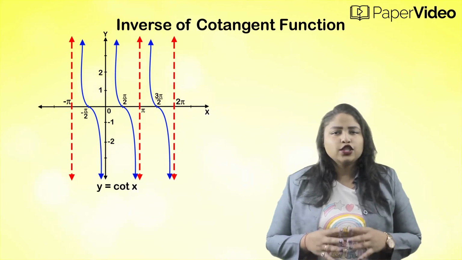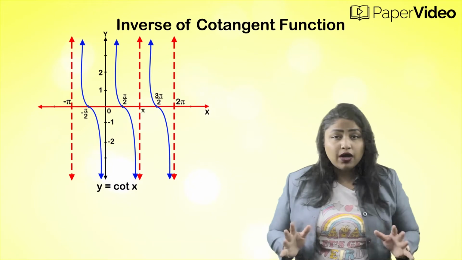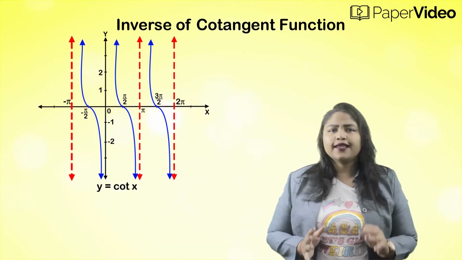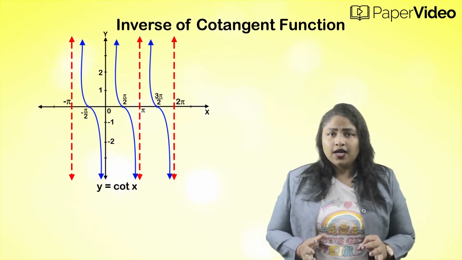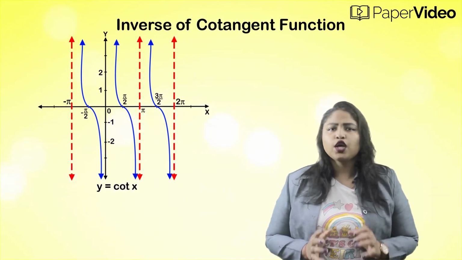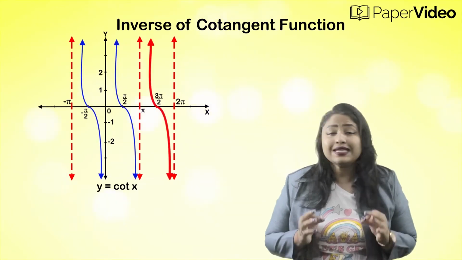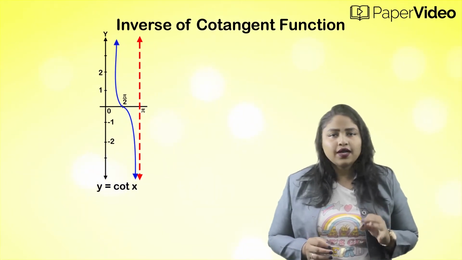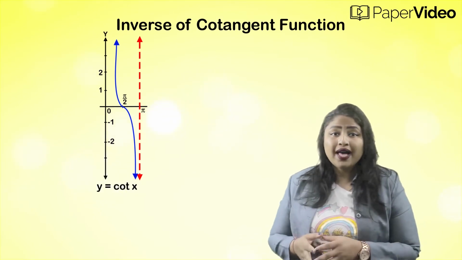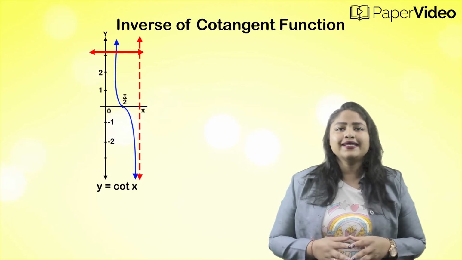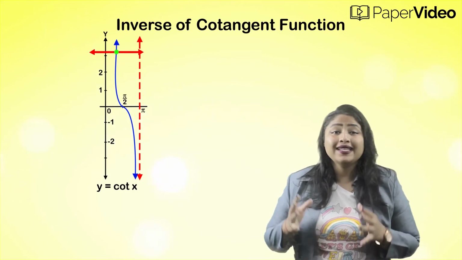As we can see, the domain of the cotangent function is real numbers except all multiples of pi, and we know that the cotangent function is not 1, 1 function in this domain. If you look at the graph carefully, you will notice that the curve is repeating itself at fixed intervals. So, if we consider only one curve, for instance in the interval 0 to pi, we can see that in this interval, the curve of cotangent function passes the horizontal line test.